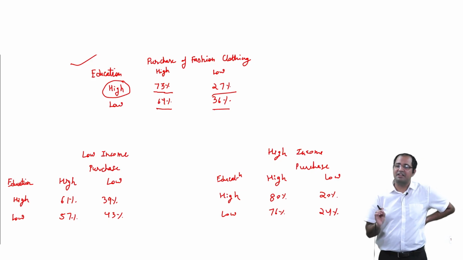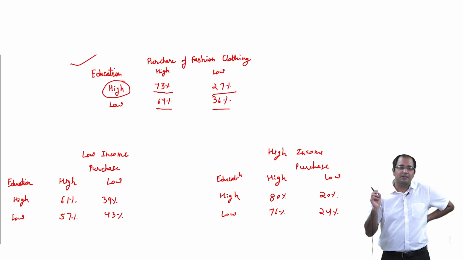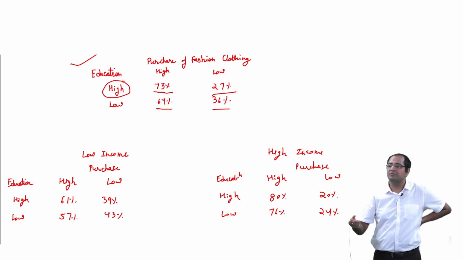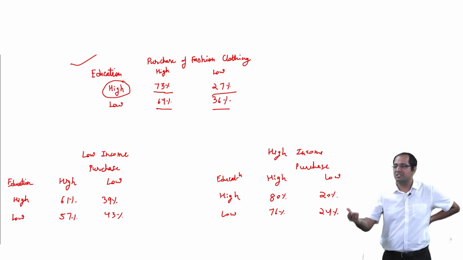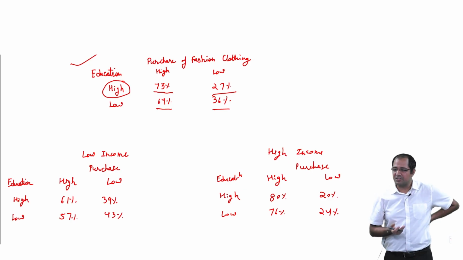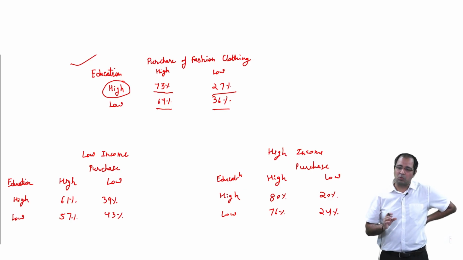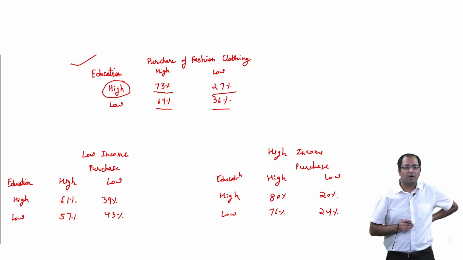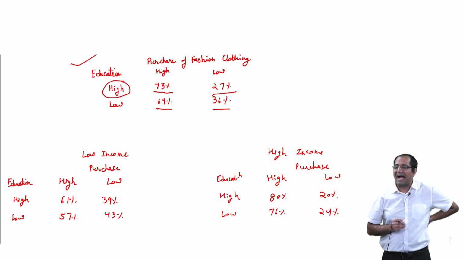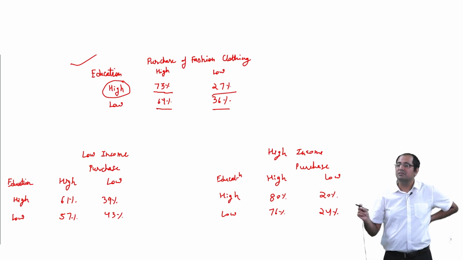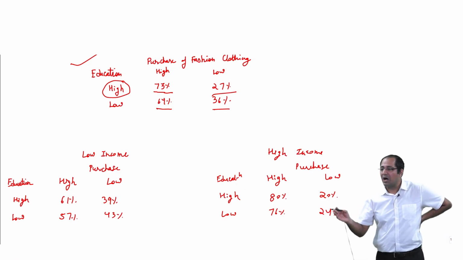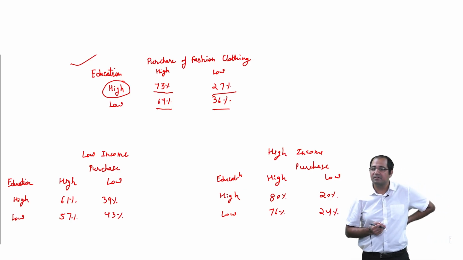So there is some chance that we can say that with high education there would be more chances of purchasing fashion clothing, right? So one would be compelled to conclude that high education would lead to high purchase of fashion clothing, just by looking at this possible correlation.